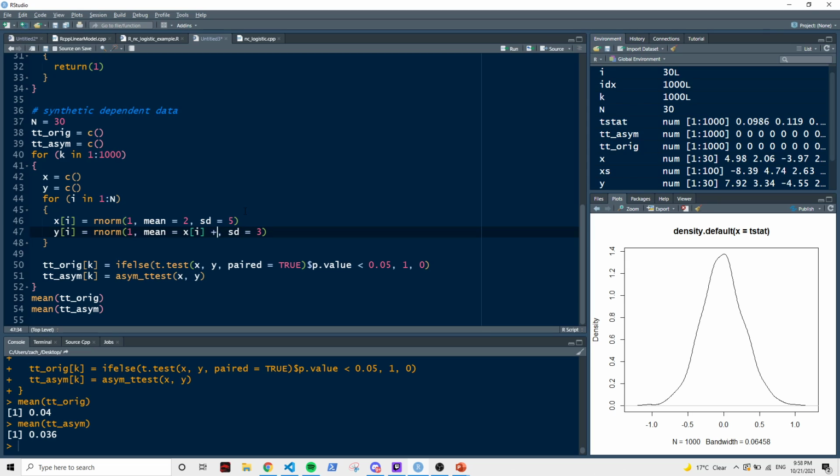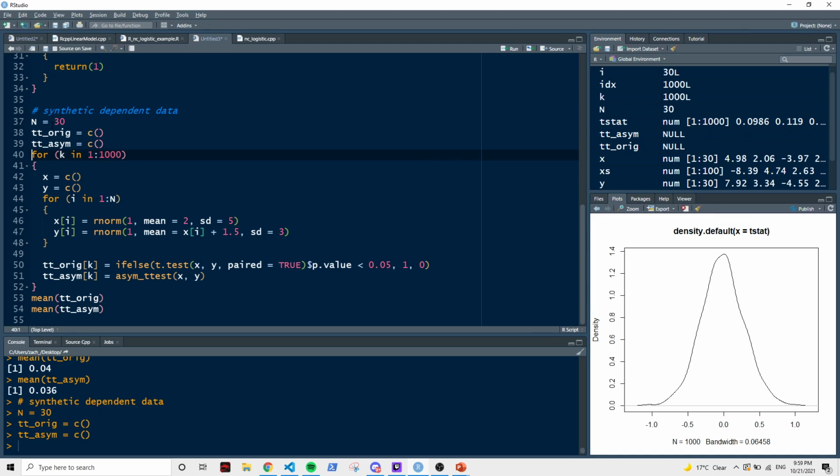So how about the power now? So I'm shifting the mean by 1.5. So now the null hypothesis is no longer true. Our means are different now. And so we should see some differences.